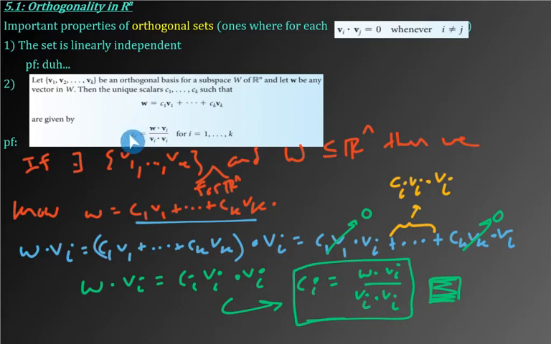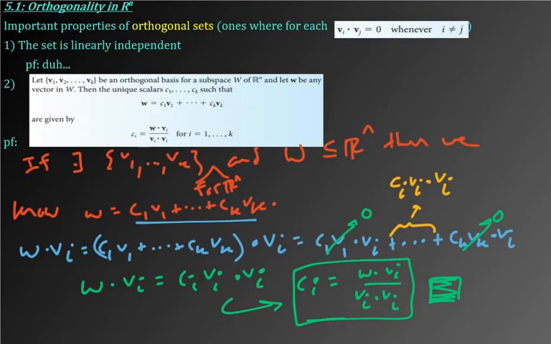But now we don't have to do any matrix computations. We just have to do two dot products, one on top, one on bottom, and that is the amount of V1 that you need, and then the amount of V2, V3, and so on. This is a very quick and efficient way to get W.